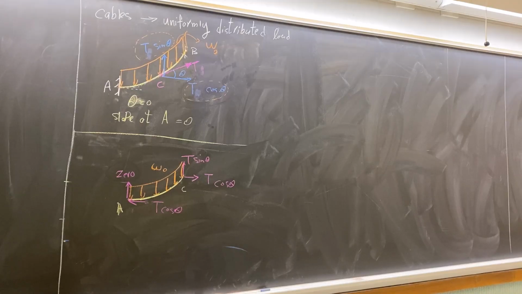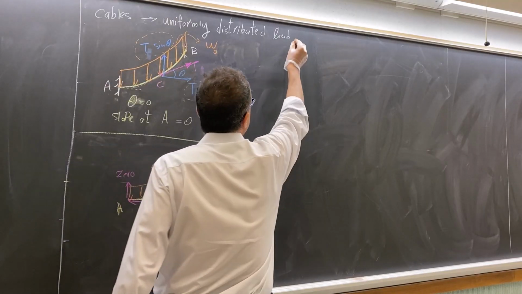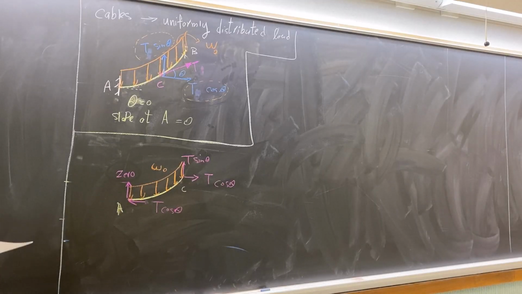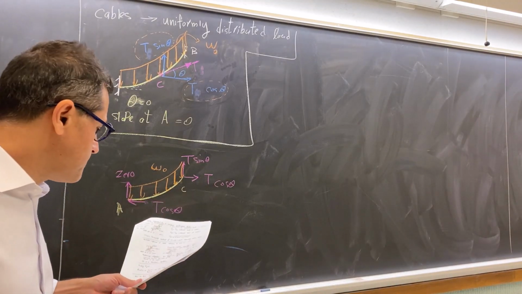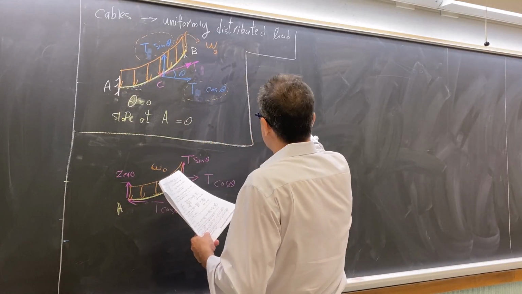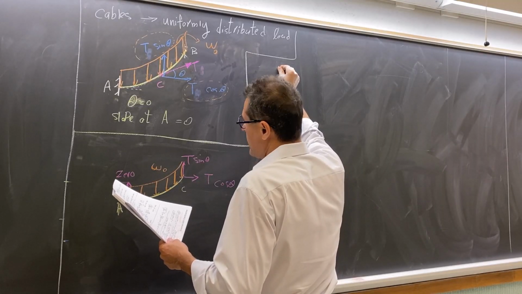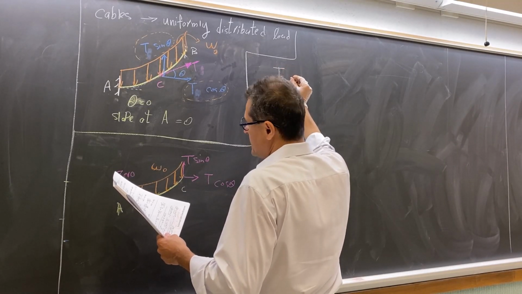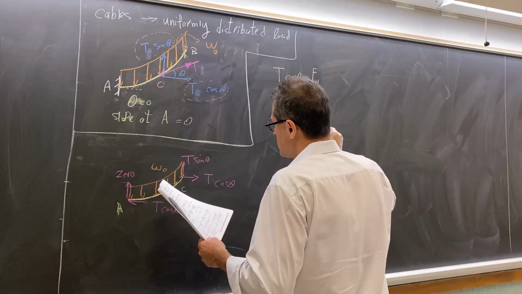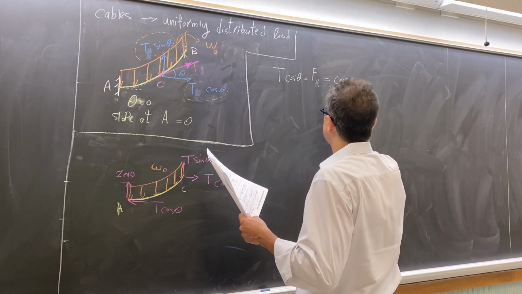Now, I'm going to write the equilibrium equations. Nobody will ask you to prove this, but because this is part of our lecture, I should show you how to prove this. If you write sigma Fx equal to 0, you understand that T times cosine theta is the horizontal component, and it is constant.